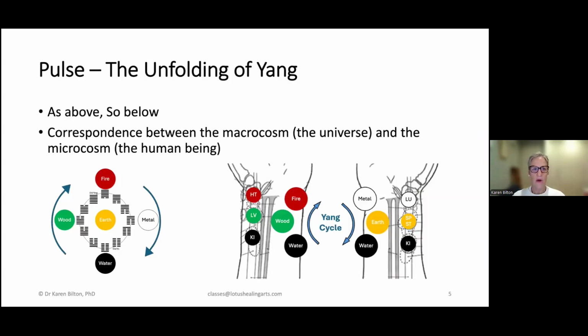Now, the pulse tells us about the unfolding of yang and how the unfolding of yang occurs in a particular physiology. And with the pulse, it's as with that adage of Chinese medicine, as above, so below. So we've got the correspondence between the macrocosm and the microcosm. When we look at the pulse positions in this system, here we have the left wrist and the right wrist.